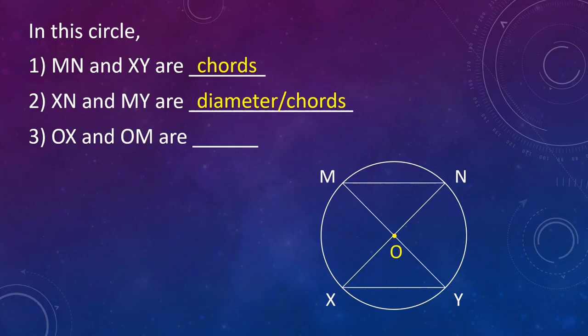And a chord is a line segment whose endpoints lie on the circle. Number 3, OX and OM are dash and the answer is radii because radius is a line segment joining the center of a circle to any point on the circle.